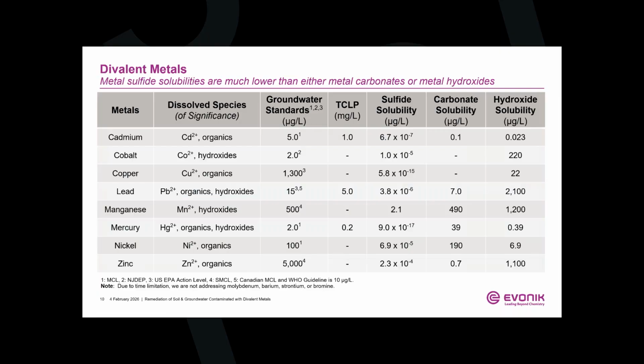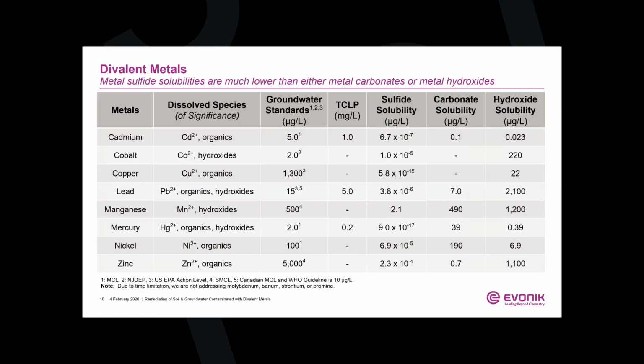And some of the metal hydroxides actually have substantial water solubility, so they are dissolved species that could cause a need for treatment if you need to achieve MCLs. The next column shows the common remedial standards, MCLs or other regulatory standards that I've been able to find. And then we look at the relative solubilities of the sulfide precipitate, the carbonate precipitate, and the hydroxide precipitate.